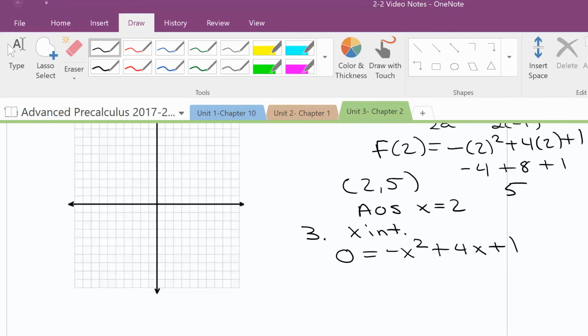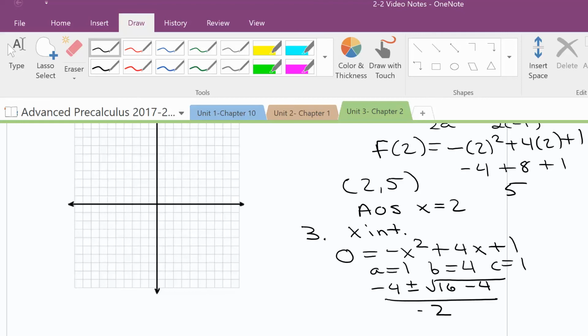So here's the deal, it's not factorable, so then we can do the quadratic formula, a equals 1, b equals 4, c equals 1, so we go negative b plus or minus the square root of b squared minus 4ac, all over 2a, which is negative 2. So we have negative 4 plus or minus the square root of 12 over negative 2.